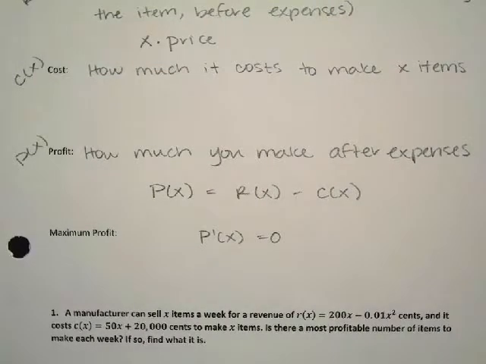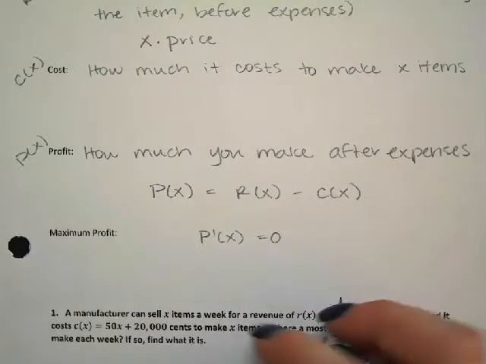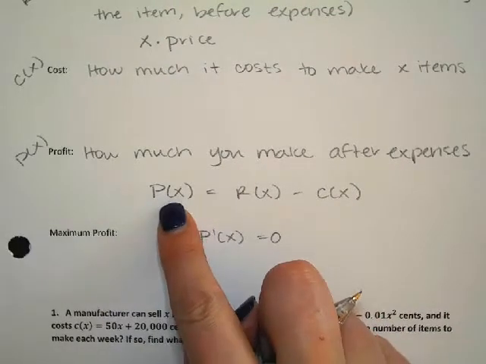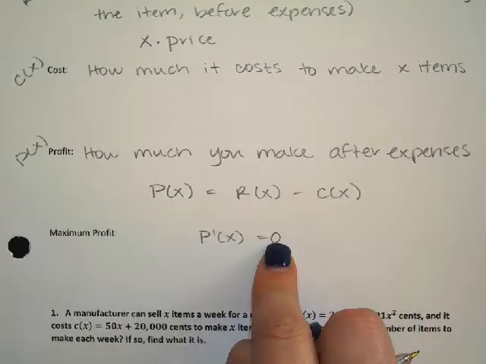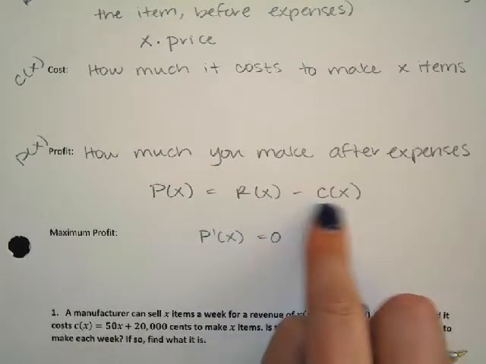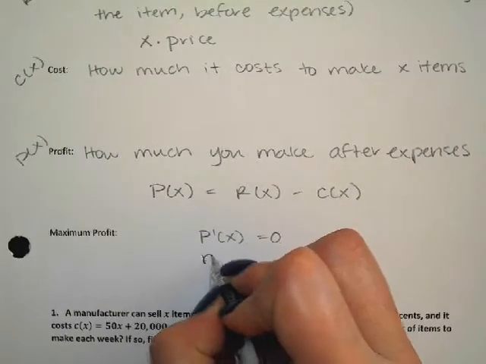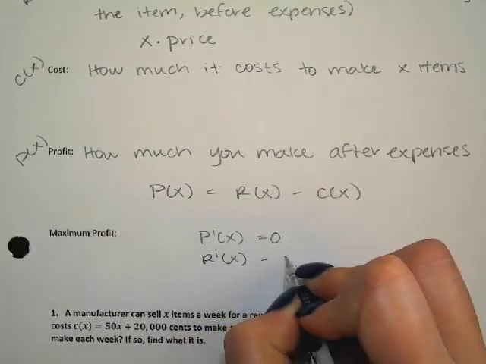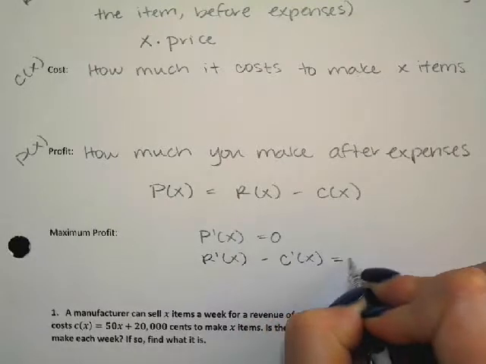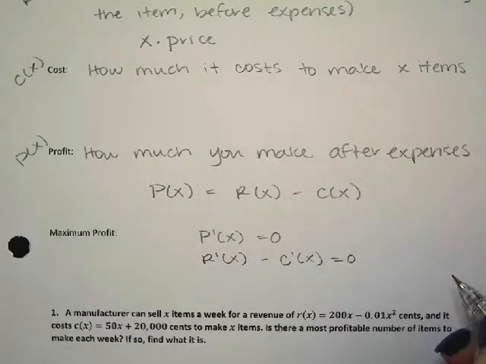Because remember your derivatives are actually limits, right? They came from limits. The property of limits says that if we have P prime of X equals 0, we can relate that to subtraction as well. And so that's actually going to say that R prime of X minus C prime of X equals 0. So that's an alternate formula.